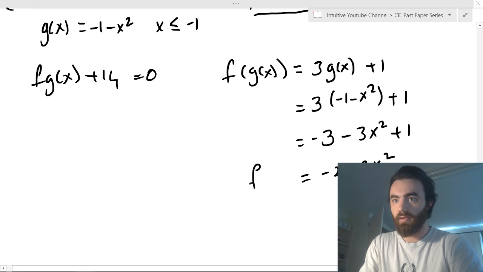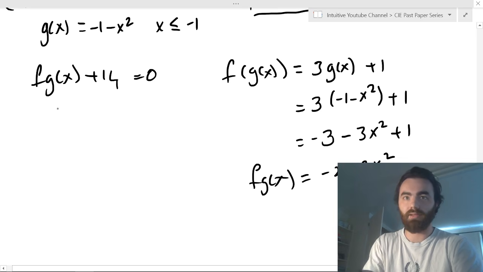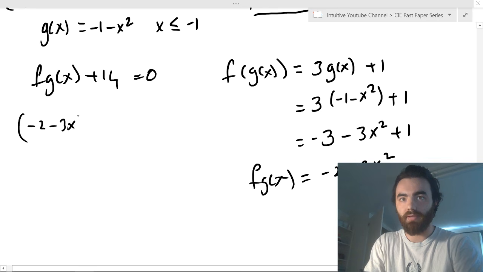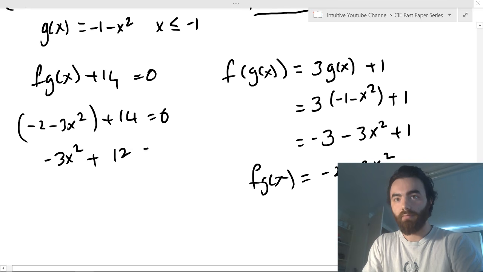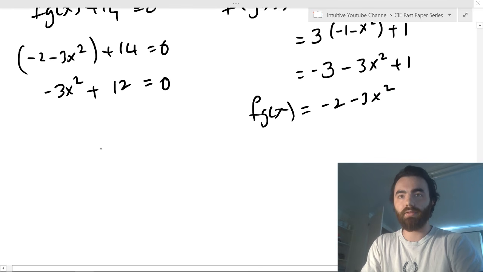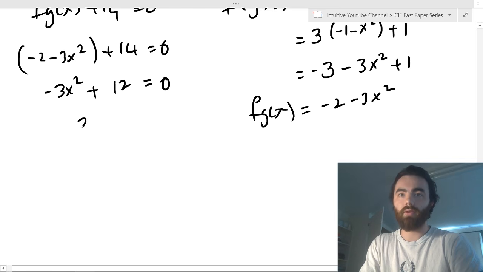So that's our f of g of x. Let's then plug this into here. We're going to get minus 2 minus 3x squared plus 14 equals 0. Well, that's going to give us minus 3x squared plus 12 equals 0. So we take that over, we'll get 3x squared equals 12.